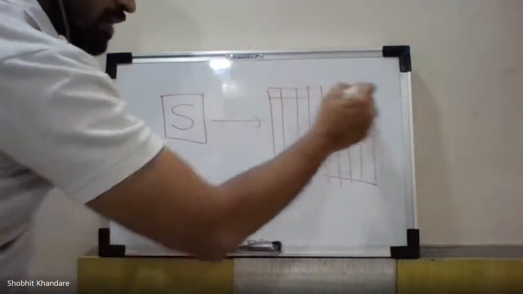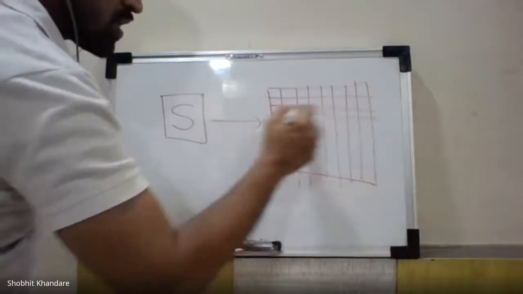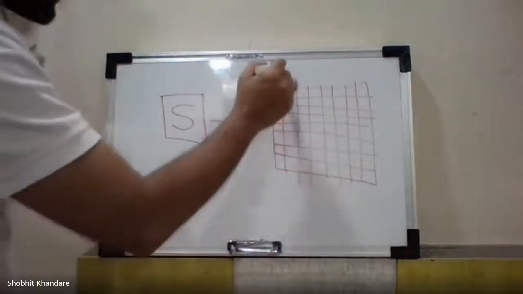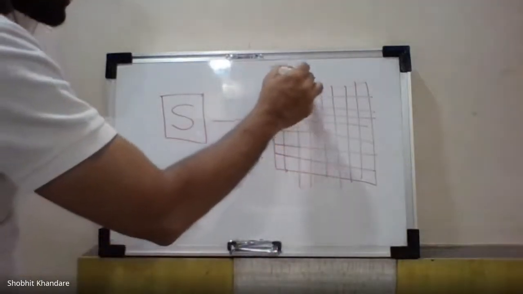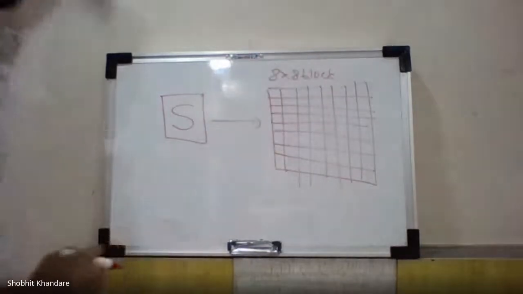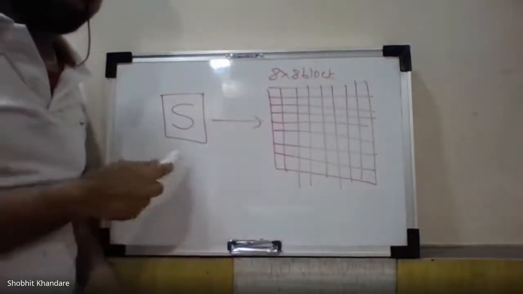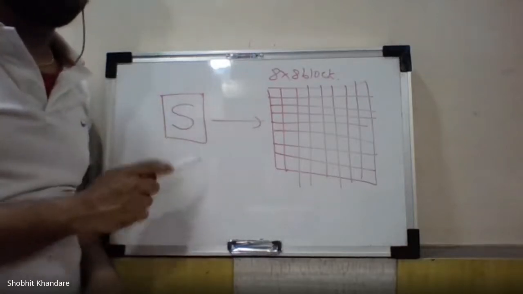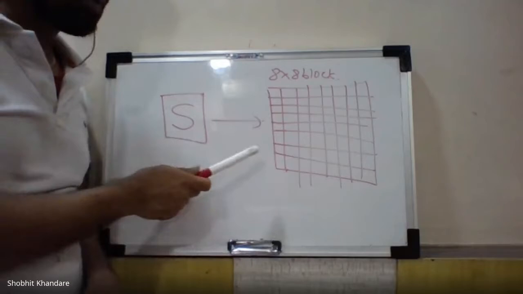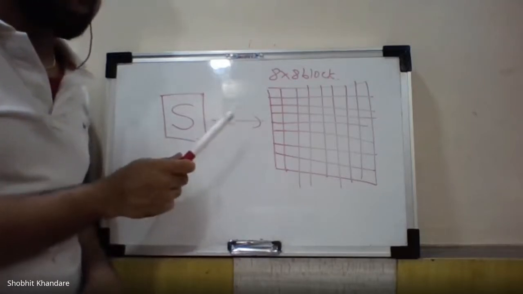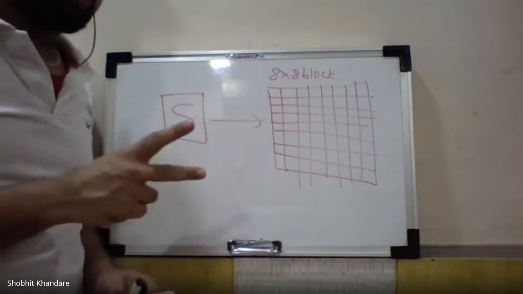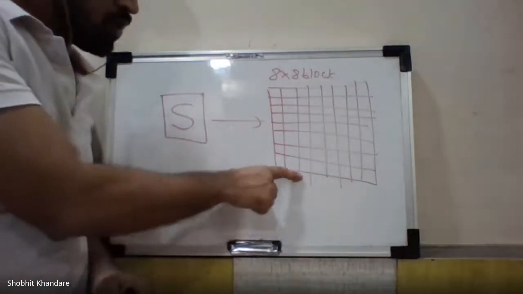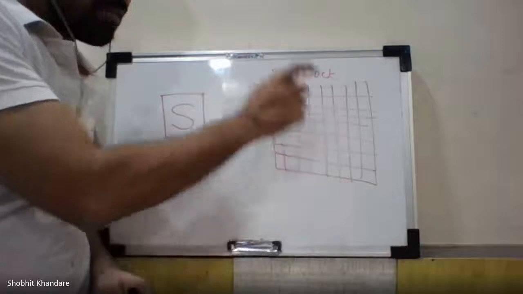Here also 8x8. So here you have 8x8 blocks. So this is the pre-processing over the image. We have to do two important pre-processing steps. The first is that the image should be converted into 8x8 blocks.